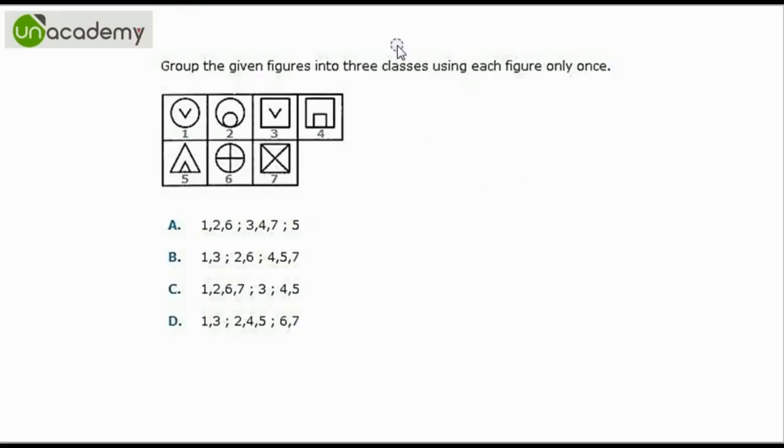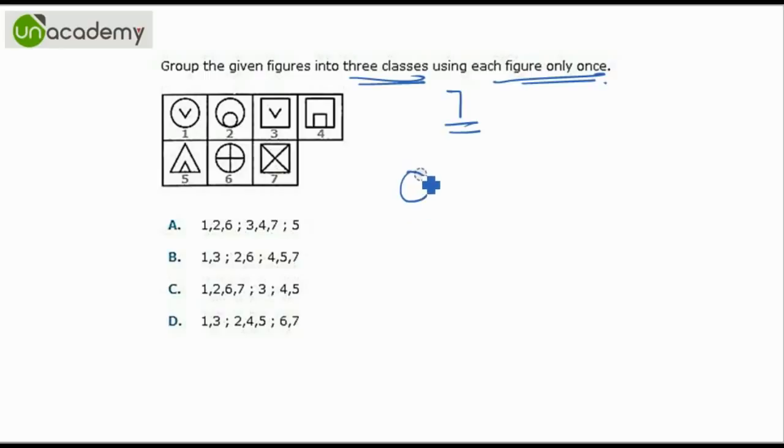Let us see this one. Okay, so now here we have 7 figures and we have to make 3 groups using each figure only once. So the simplest way is to divide them into type of figures.